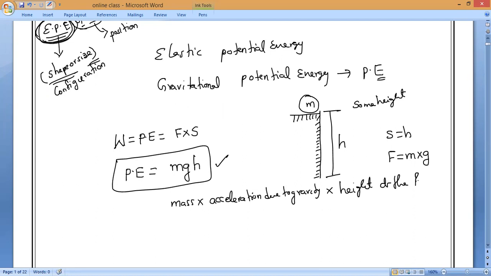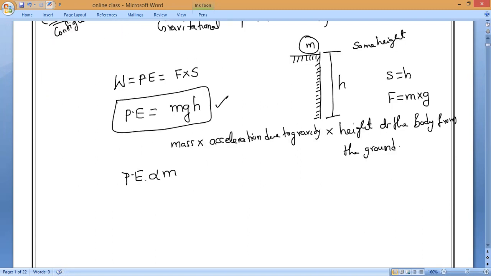Height from the ground means position, and that is what matters. So these are directly proportional to each other. Potential energy is directly proportional to mass. Next, potential energy is directly proportional to height, as we know g is always constant.